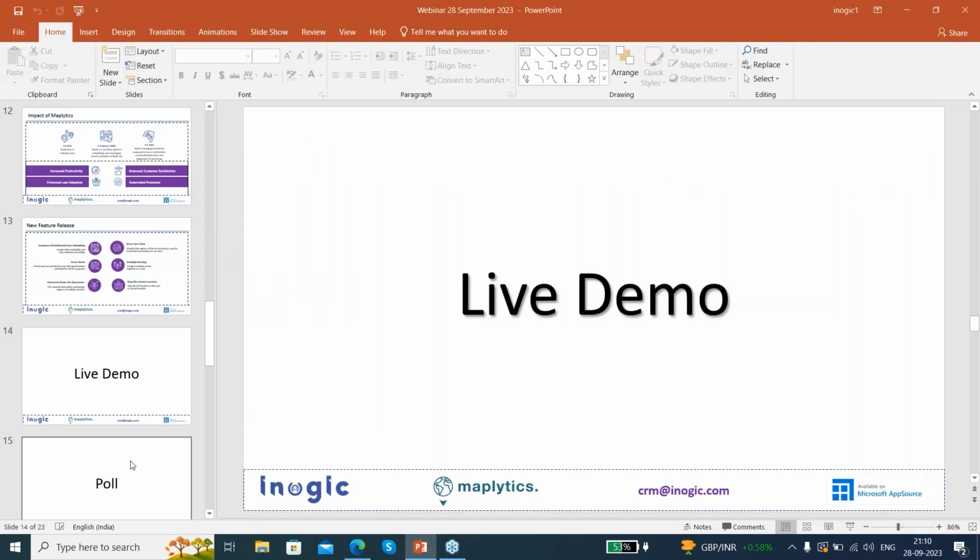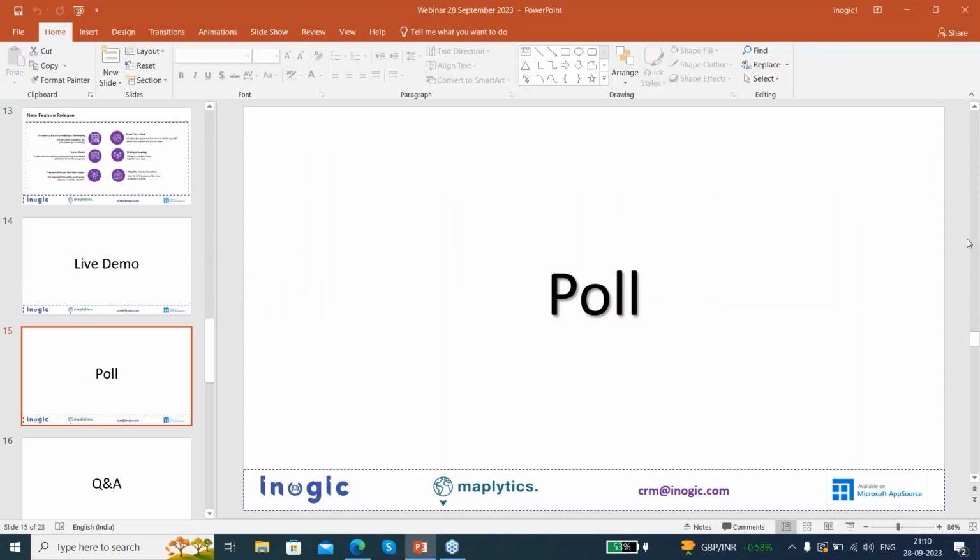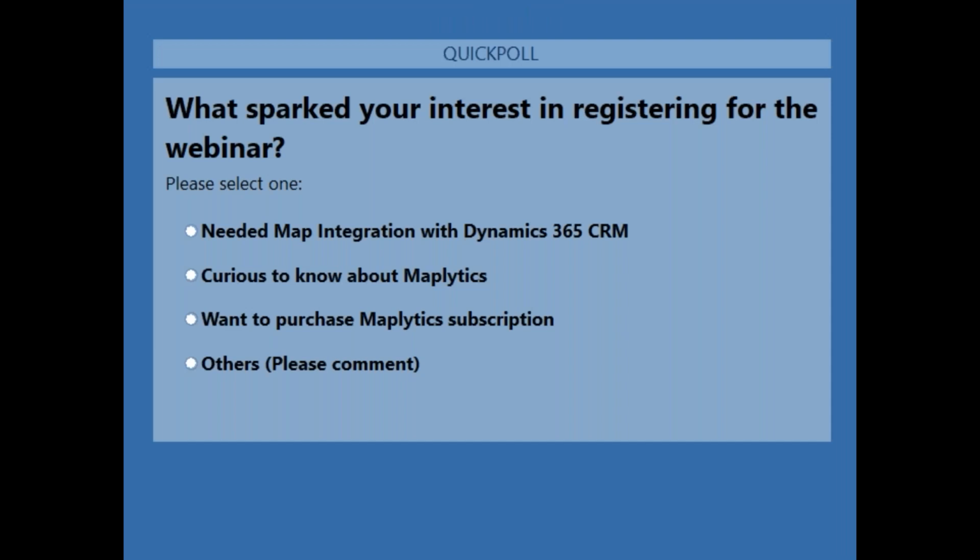Now let's move on to the poll. Let me just launch a poll where you can choose the respective reason why you are interested in this webinar and what made you attend this webinar. You can just choose some reason over here. I'll be waiting for a few seconds.